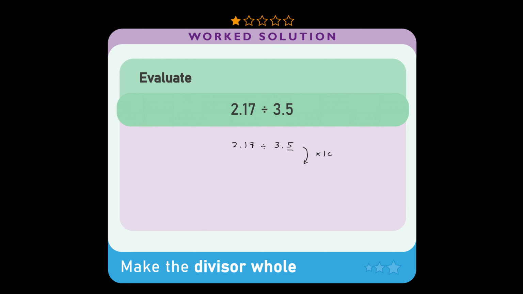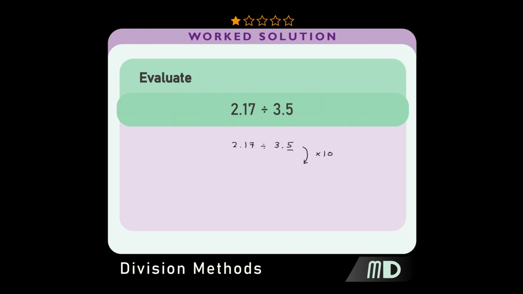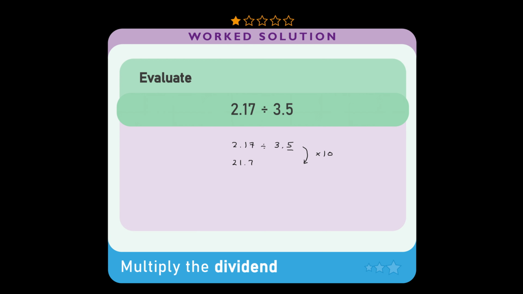And 3.5 multiplied by 10 is 35. But we need to multiply both numbers by 10, and 2.17 multiplied by 10 is 21.7. So the question now becomes 21.7 divided by 35.